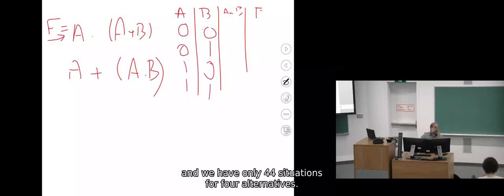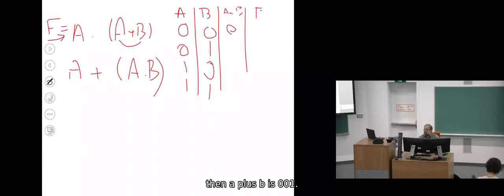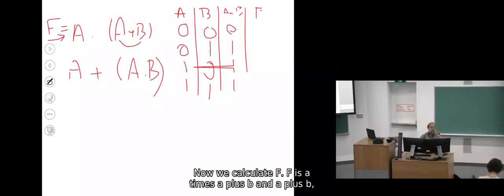We have only four situations, four alternatives: 0, 0, 0, 1, 1, 0, 1, 1. If A and B are 0, then A plus B is 0. 0, 1, A plus B would be 1. 1, 0 is 1. 1, 1 is 1. Now we calculate F. F is A times A plus B.